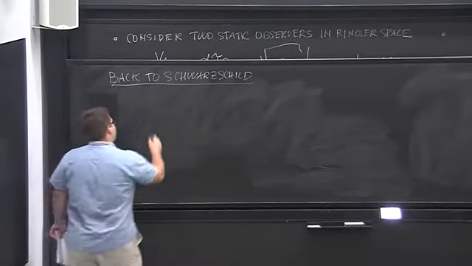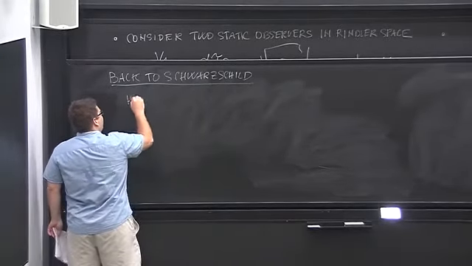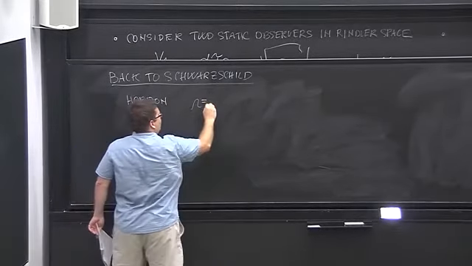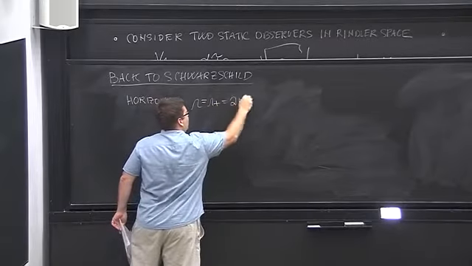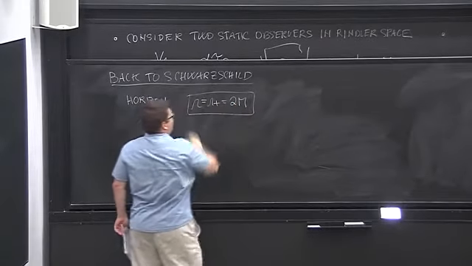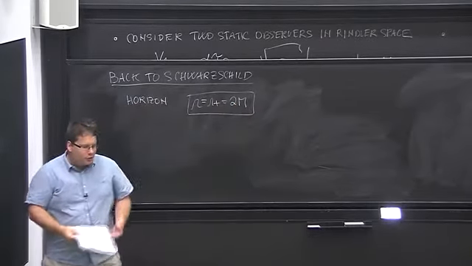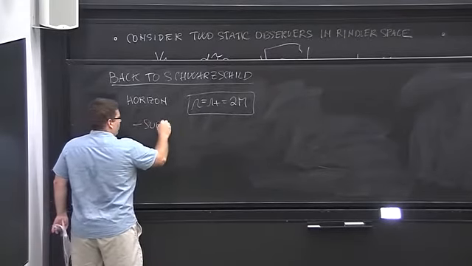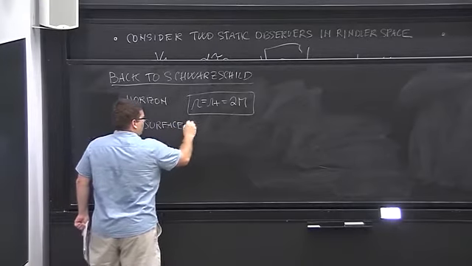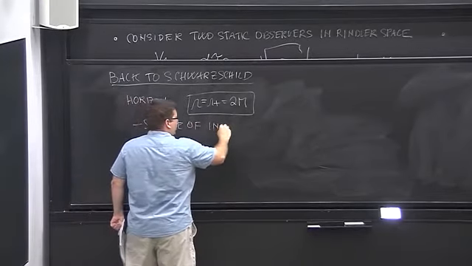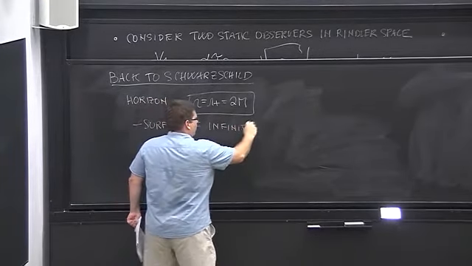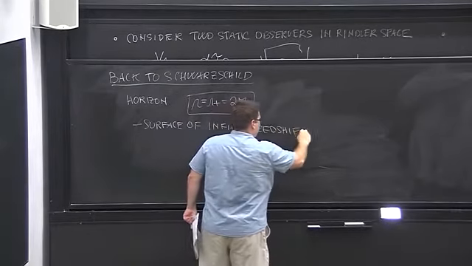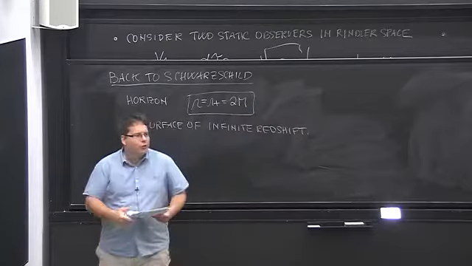And so we know that the horizon is located at r equals r plus equals 2m. And you can again show that this is a surface of infinite redshift. You will show that in your tutorial today.